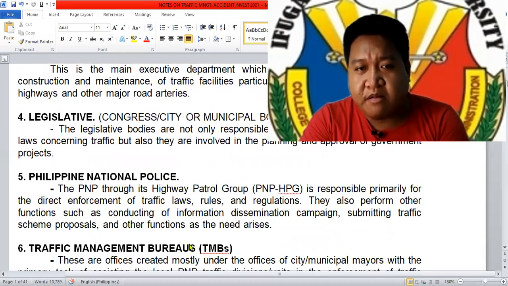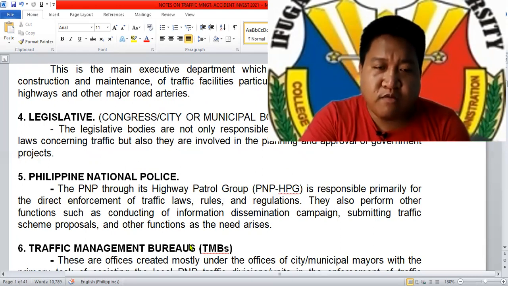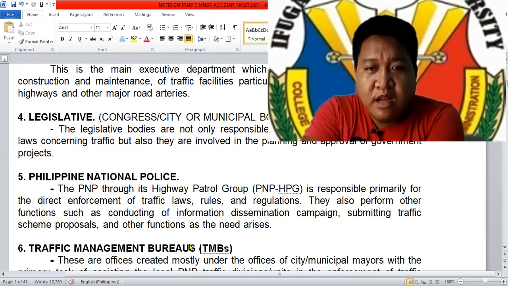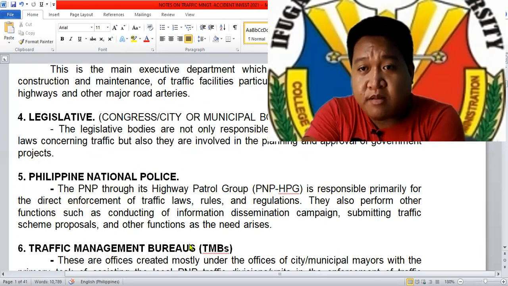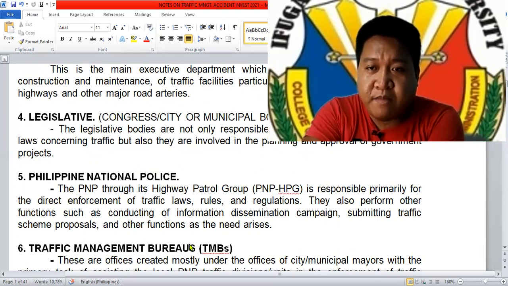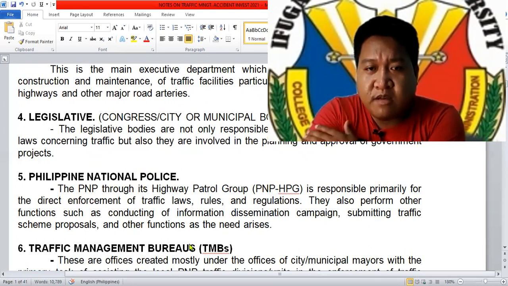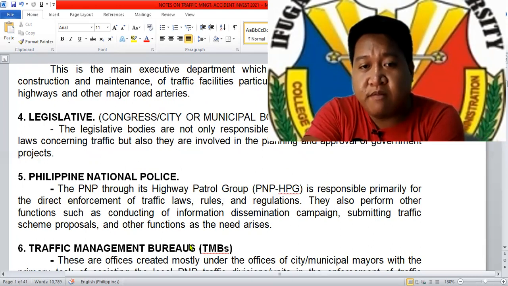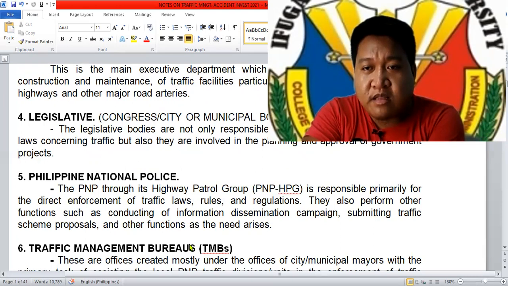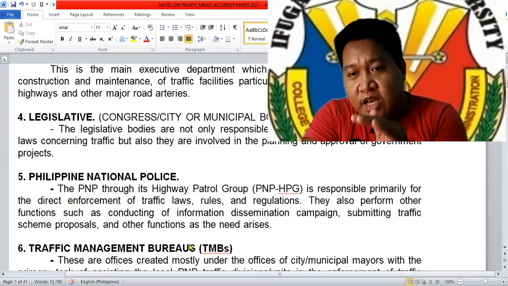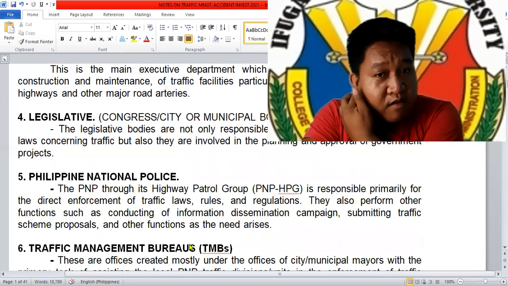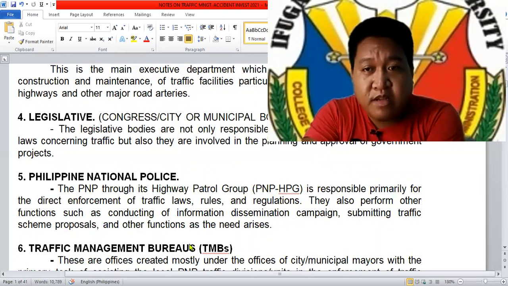Especially this pandemic, the Philippine National Police is one of the frontliners in maintaining the movement of vehicles in this time of pandemic. And one specific, isa sa pinaka-direct unit in the PNP, a national unit whose job is really that, is the PNP HPG.